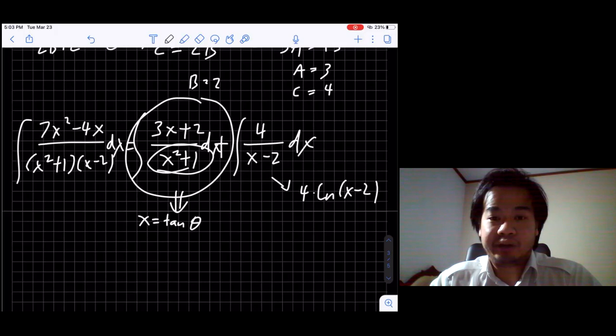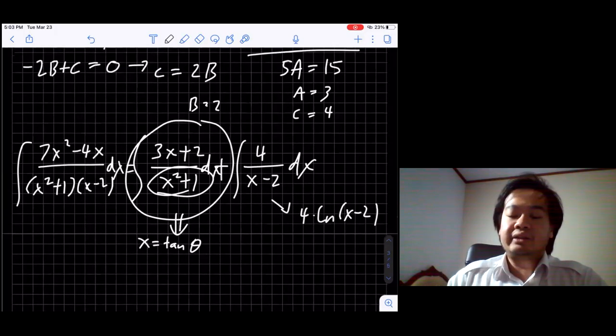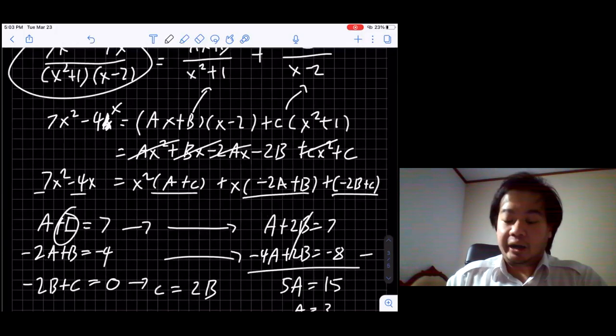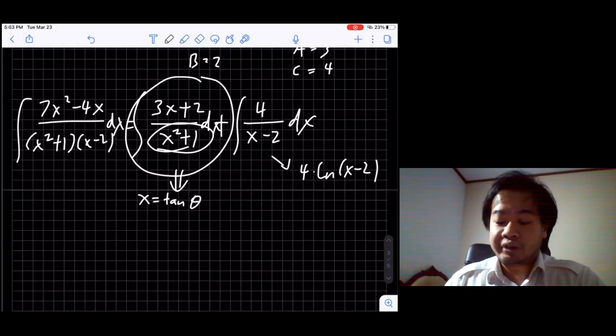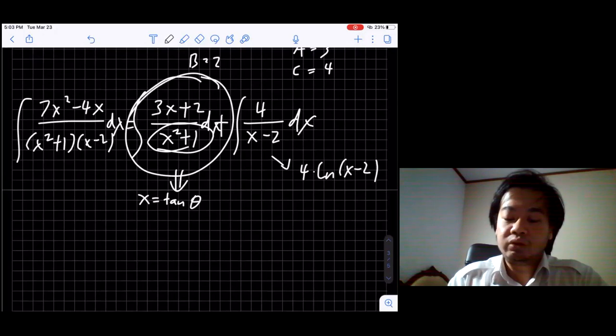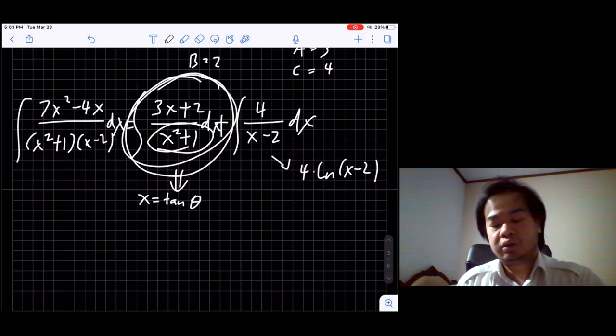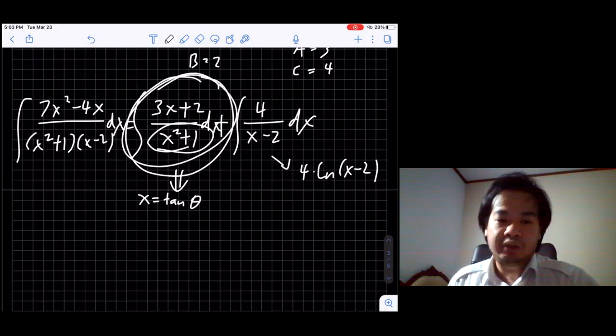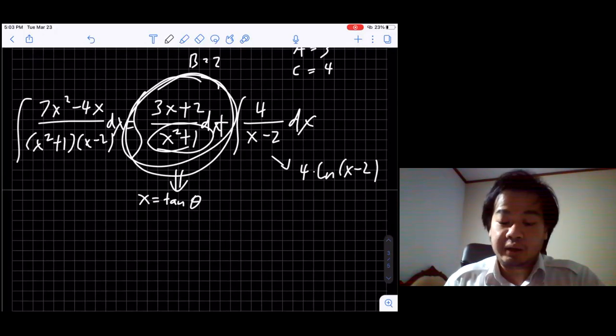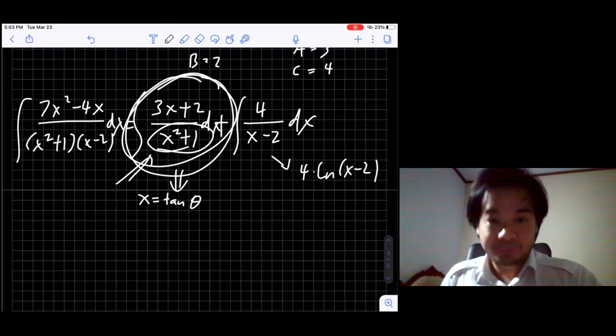So that's unfactorable quadratic factors. Usually for unfactorable quadratic factors, you will need to use trigonometric substitution to solve one of the fractions, especially the one with unfactorable factors on the denominator.